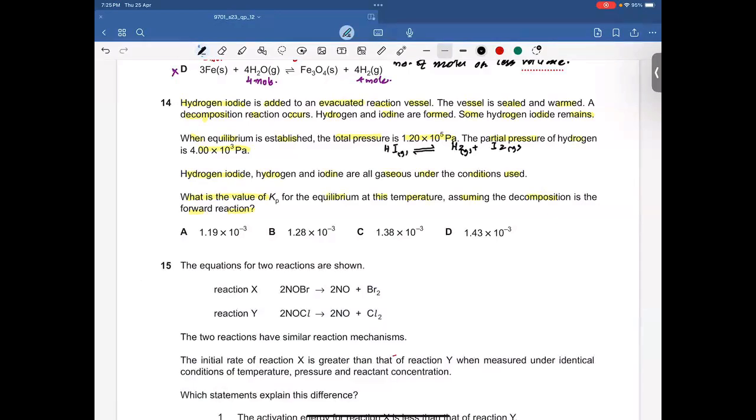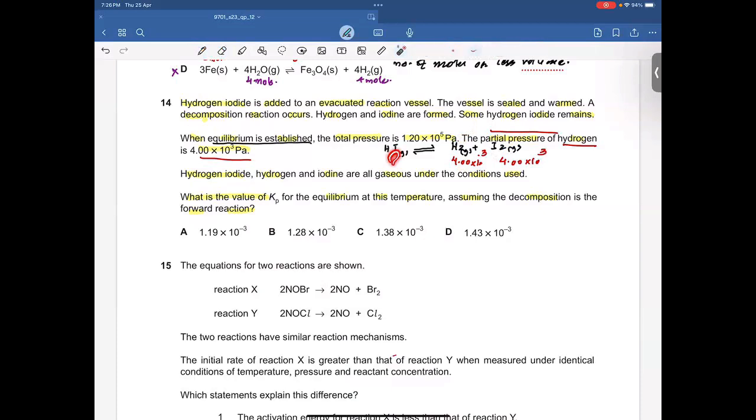So at equilibrium, the partial pressure of hydrogen is this. And since hydrogen and iodine have 1:1 ratio, if hydrogen has this much partial pressure at equilibrium, obviously iodine is going to have the same partial pressure. Oh, not minus. Not minus, it's basically 3. My bad.